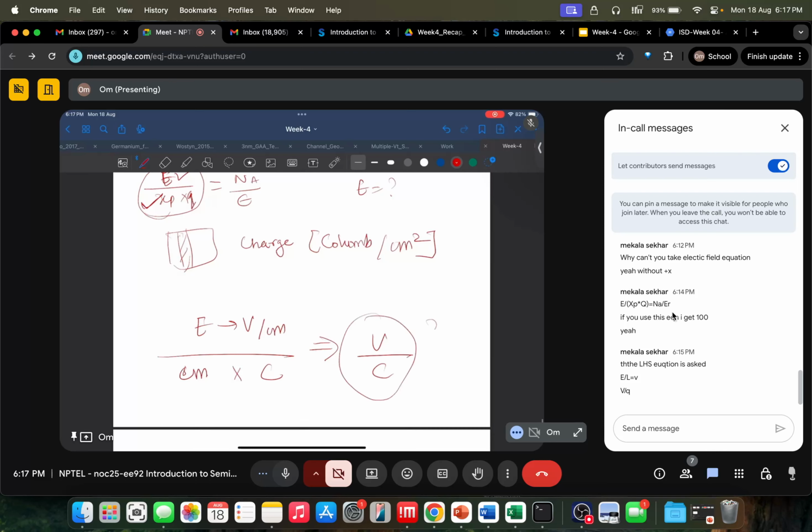What do I do with this? Sorry, centimeter square coulomb. This one cancels. Volt per centimeter square coulomb. But what we need is coulomb per centimeter square, right?